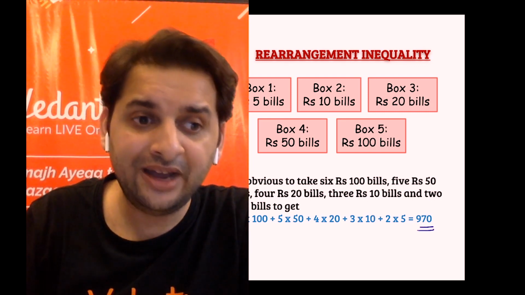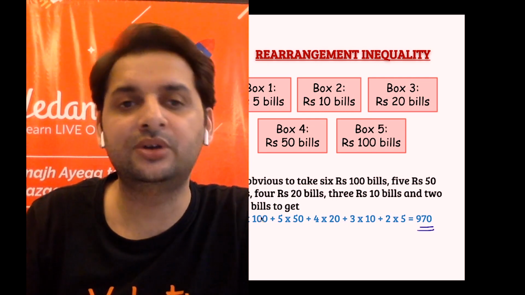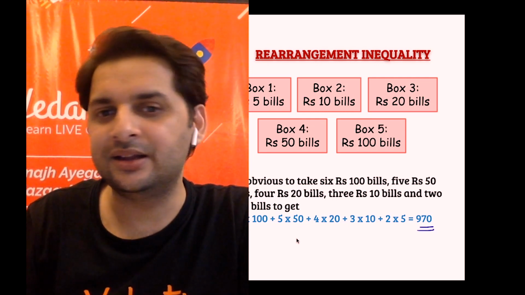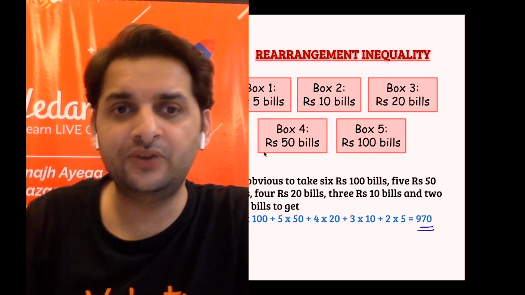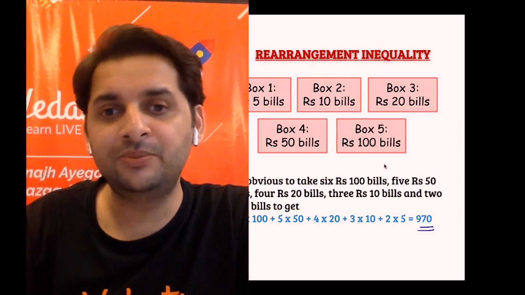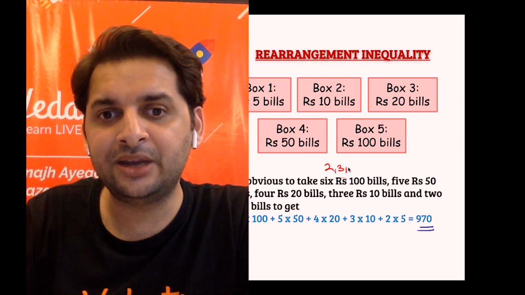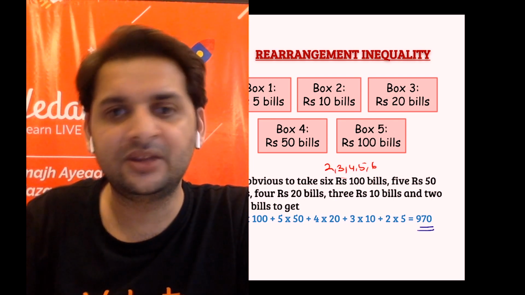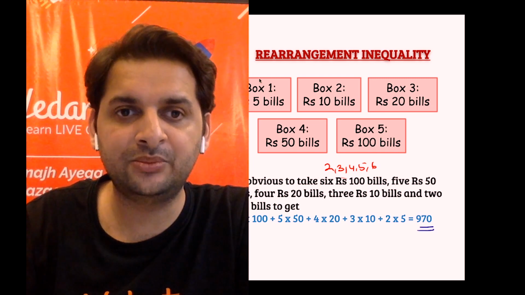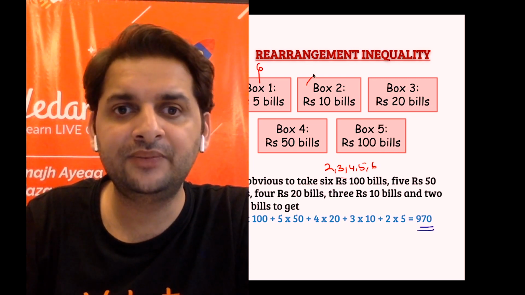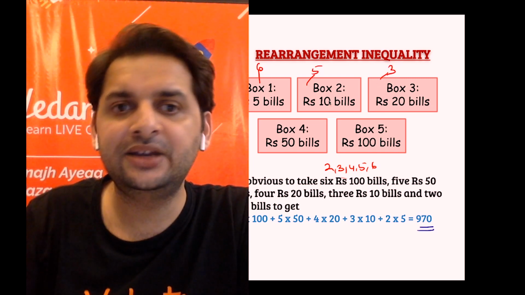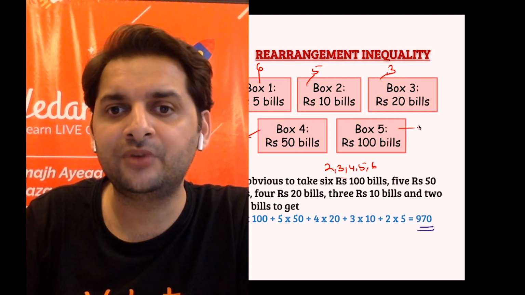Now again, if I ask you what is the minimum amount that you can take out, the answer is pretty straightforward. The idea is to pick out 2, 3, 4, 5 and 6 notes from any one of the boxes. So I'll pick 6 from here, 5 from here, 4 from here, 3 from here and 2 from here. Let me correct: this would be 4 and 3 and 2.